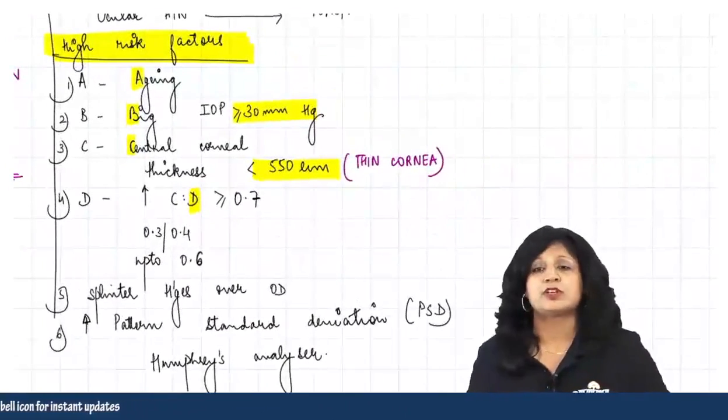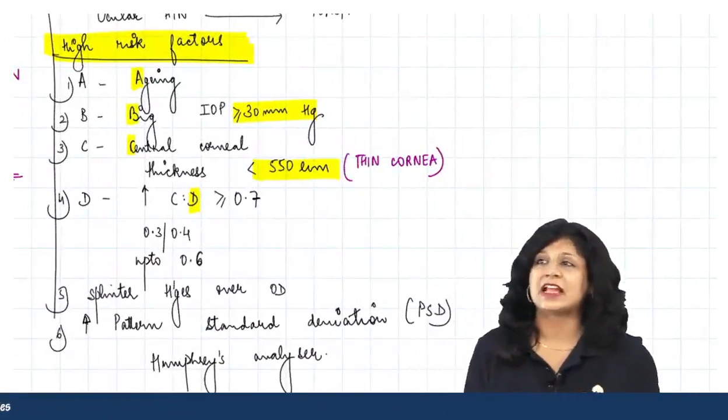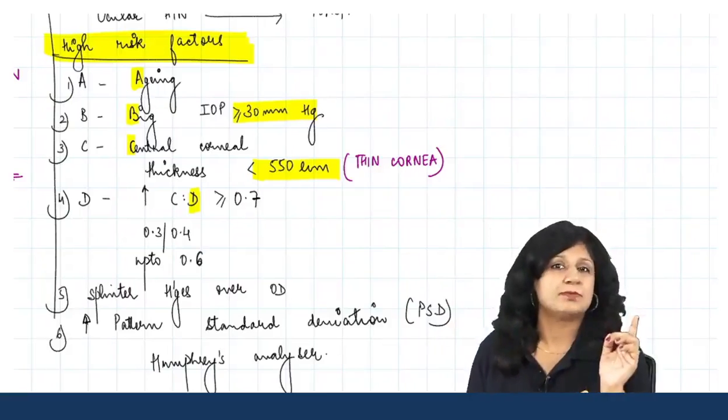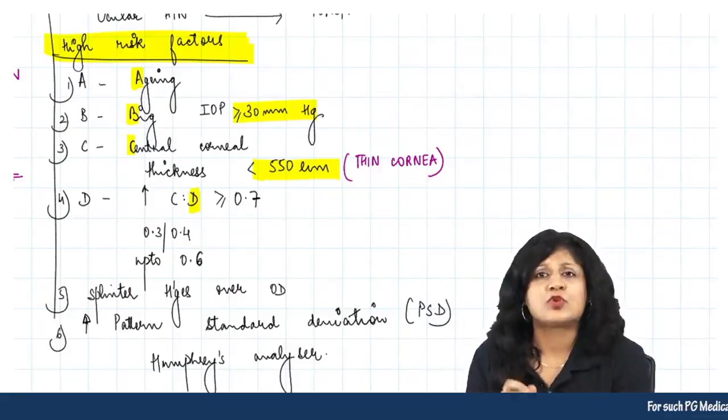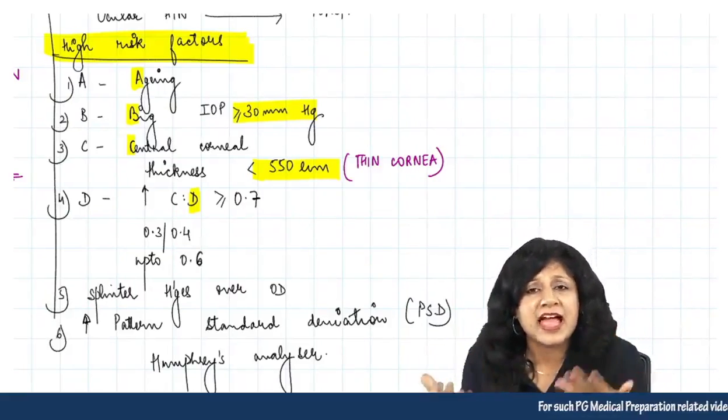Very, very important. And if you remember, I keep on saying this in classes also, the risk factors are most important. They are always asked. Risk factors of glaucoma, diabetic retinopathy, retinal detachment, cataract, everything.